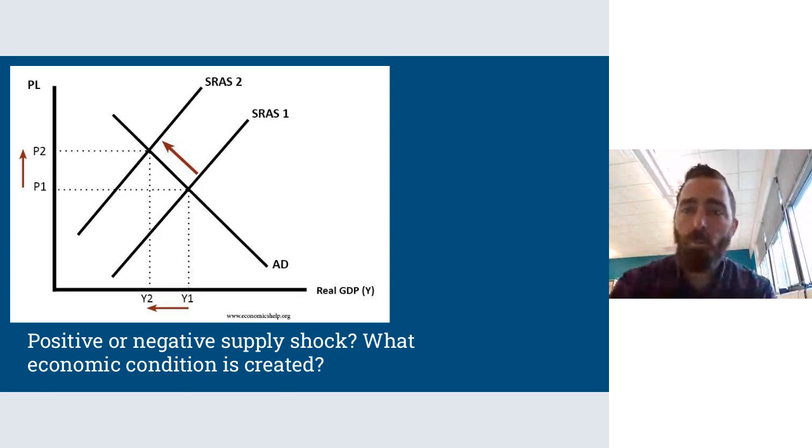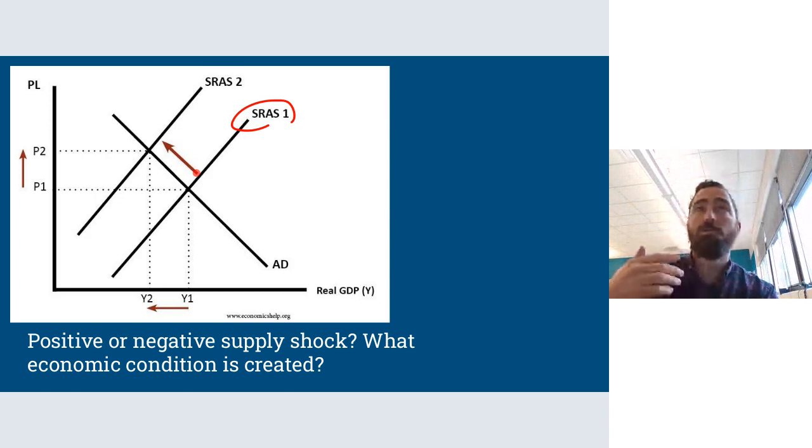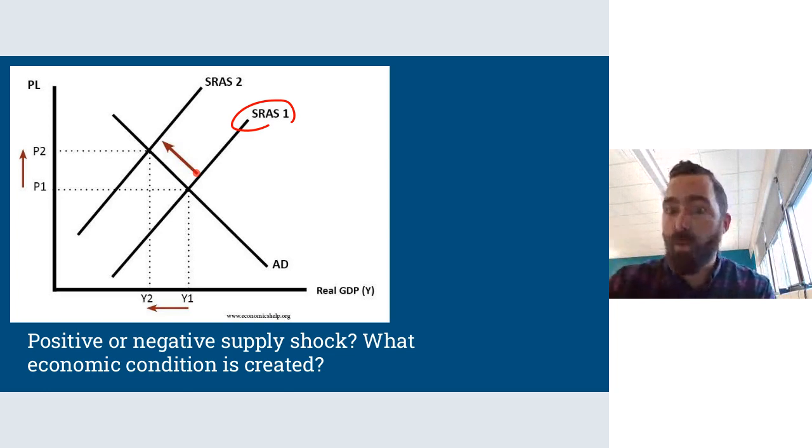In this scenario, you have short-run aggregate supply shifting to the left. So what does that mean? This is a decrease in supply. Some things that could be causing a decrease in aggregate supply could be an increase in input prices, a decrease in the availability of technology, government heavily regulating this industry or the entire macroeconomy, the government imposing higher taxes on the macroeconomy, or workers becoming less productive.